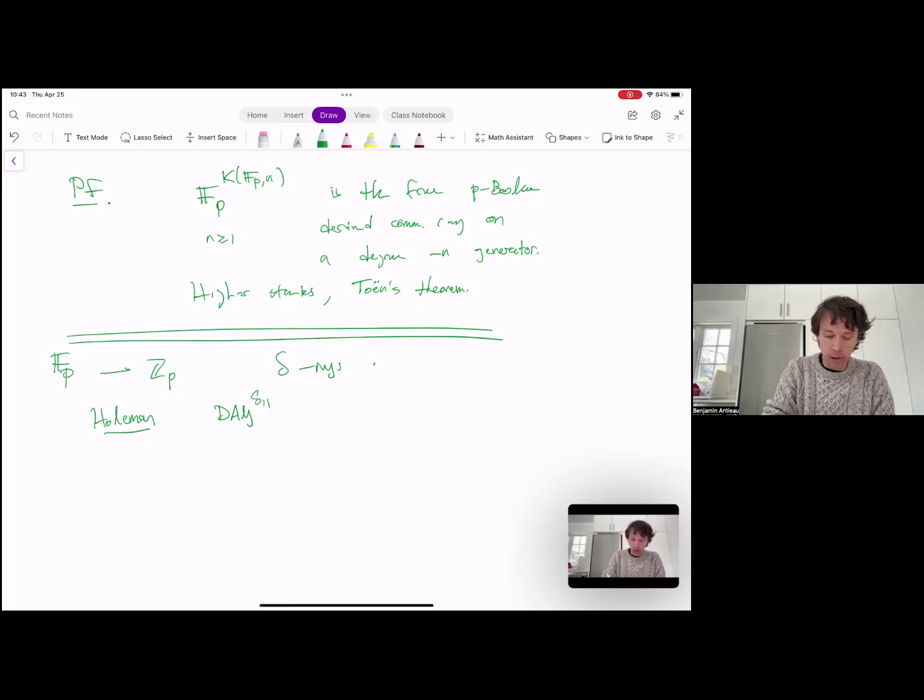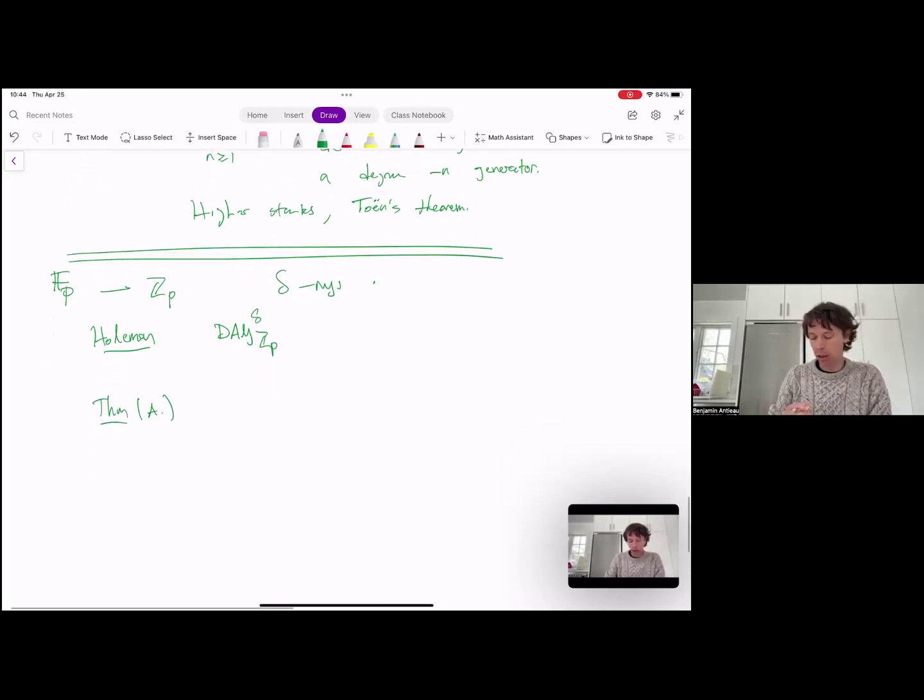So there's some category of derived commutative delta rings, and a theorem about these is the following: whatever these are, they're built out of delta rings. So there's a forgetful functor which has both adjoints. The left adjoint is the free thing, and the right adjoint is given by some derived version of Witt vectors.